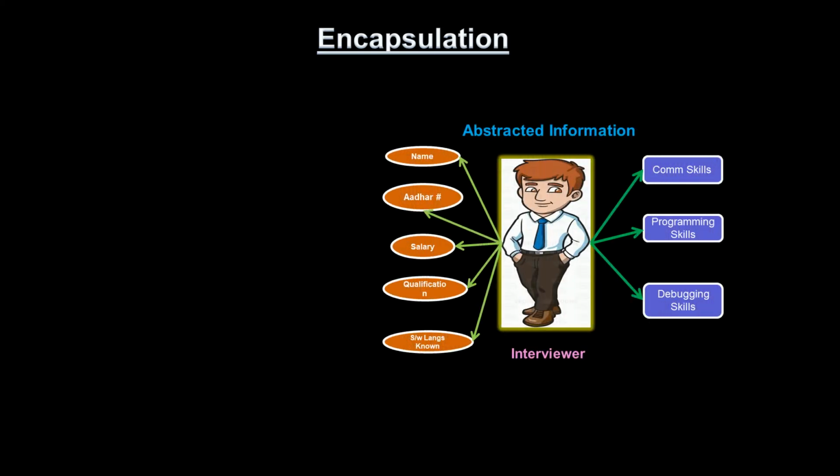Before going to this, just recall the previous abstraction-related information and the examples we discussed. We took one real world entity with multiple pieces of information related to it. When this entity attends an interview, the interviewer will look at the name, Aadhaar number, salary, qualification, software languages known, and communication skills, programming skills, and debugging skills.